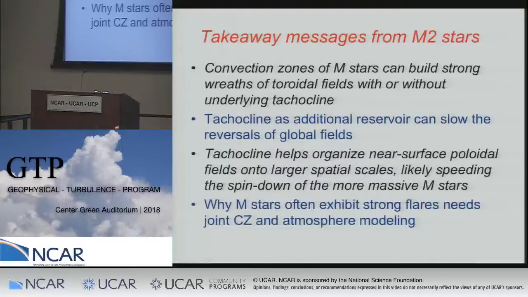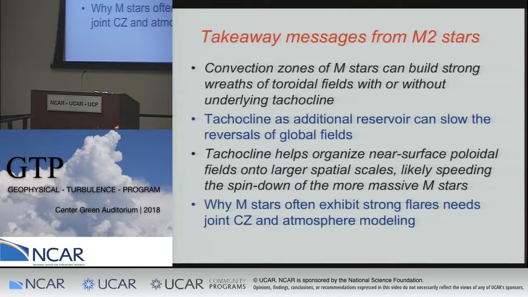If you have a tachocline, at least in these simulations, you have essentially an additional reservoir which has one effect. It can slow down the reversal of the global fields. But interestingly, that tachocline also seems to promote building larger spatial scales, even though it's far removed.